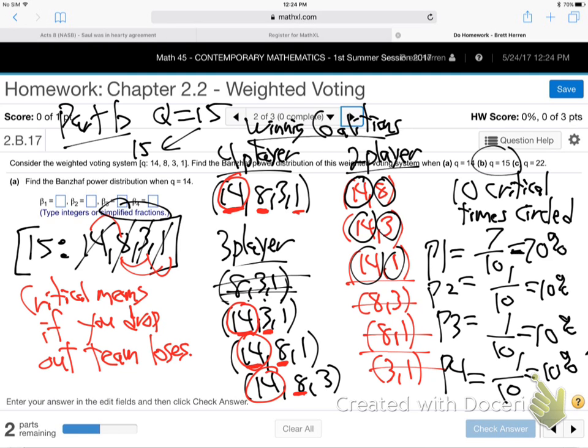So if this was a stockholders company, and you had stock, and you got a number of votes based on your stock, and they made 15 to pass anything, the 8 might look at the 14 and go, well, I got more than half, but you don't have more than half the power. He's only got 10%. He's got 70.